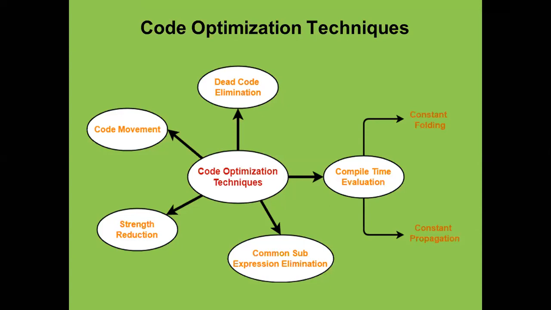Suppose we calculate the area or volume of a cube, or the area of a circle, and there is a need to use pi. No need to assign a new variable to the constant, just write pi directly. And if you define it globally, just write #define pi and assign the value directly. That is called constant folding.